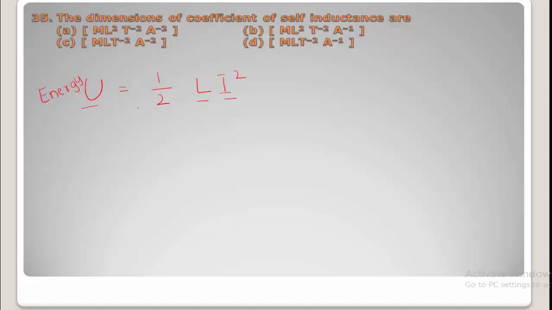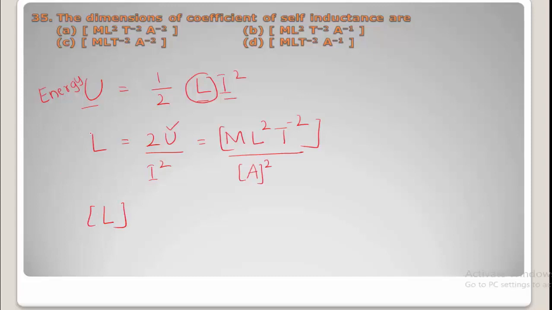So what we have to derive? We have to derive the dimensions for L. So L becomes, L equals 2U divided by I square, isn't it? Now energy stored is nothing but this U. So dimensions for energy is M L square T raised to minus 2 whole divided by I square, means current, which is having dimensions of A. It becomes A square.